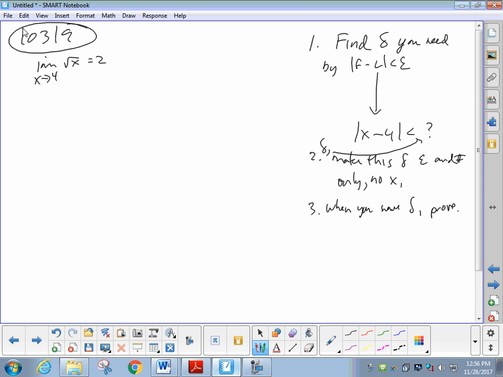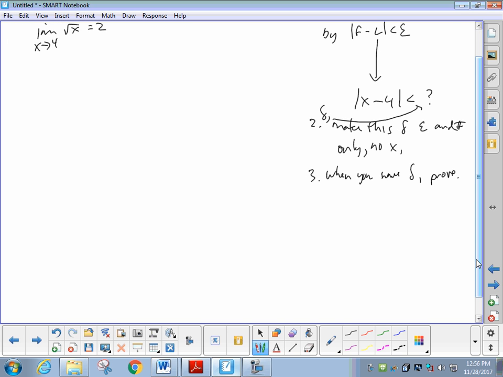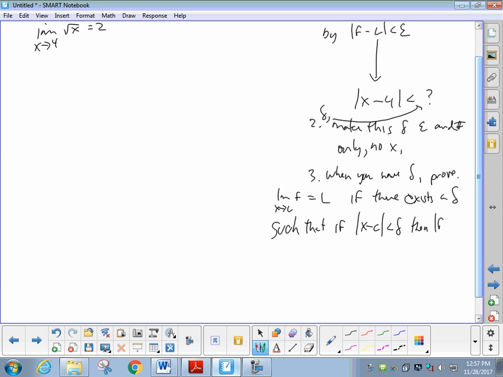I will say this one more time. When I say run your proof, you're trying to prove the definition of a limit has been satisfied. The definition of a limit is: the limit as x goes to some number is L only if there exists a delta such that if x minus c is within that delta, then it must follow that the y values will be within epsilon.